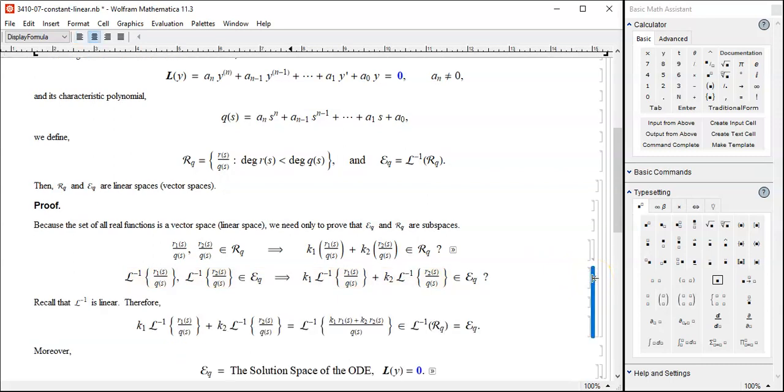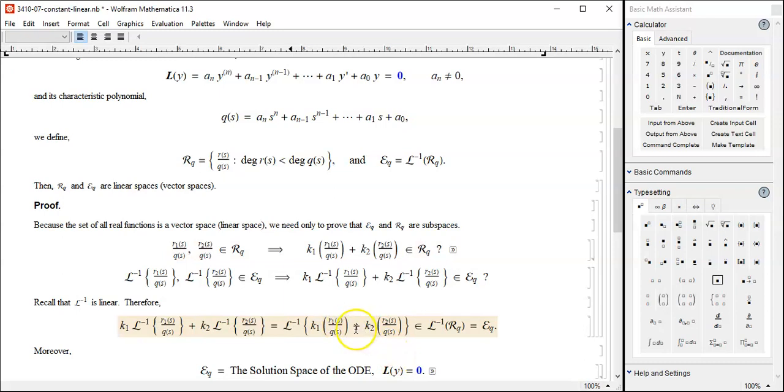Okay, let's begin. How does it work? Take the linear combination of k1 times Laplace inversion of r1 over Q and k2 times Laplace inversion of r2 over Q, and then take those k's inside because the L inverse is linear. Then what do we have? We actually have a linear combination. Actually, I prefer this expression better than this one right here.